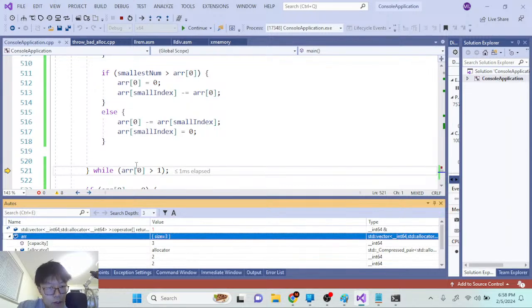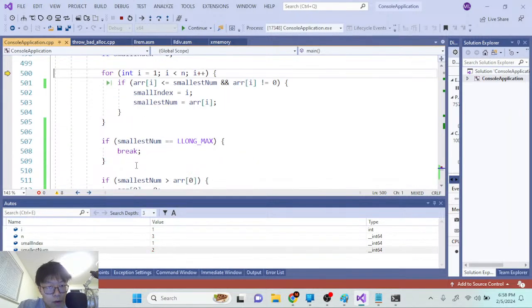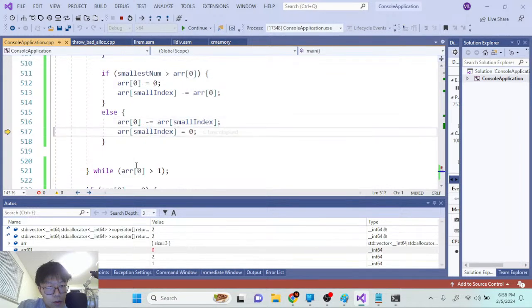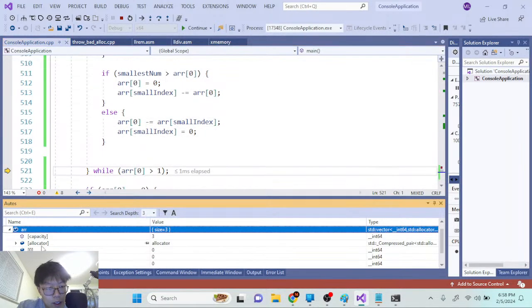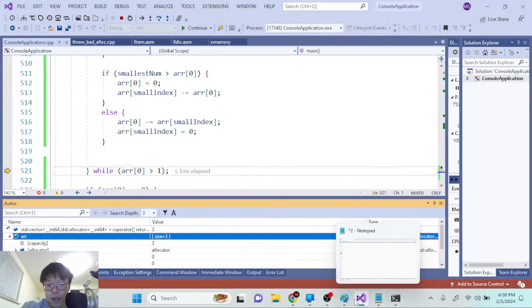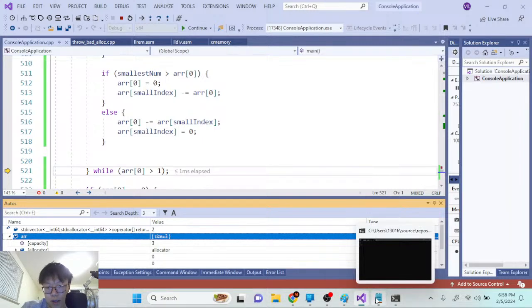We got 2, 2, 0. Okay, no, that's not what we're supposed to do.